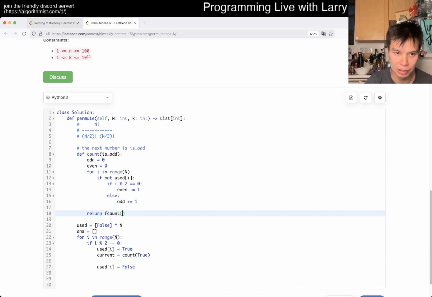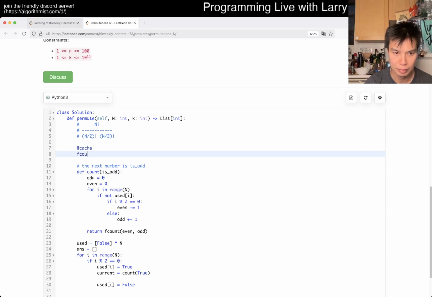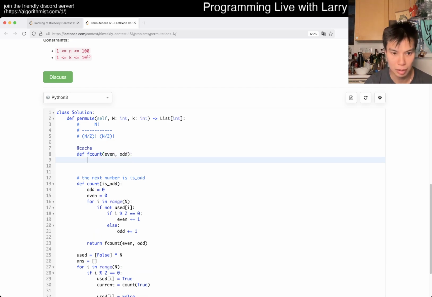It's also fine because n is 100. So f count for the function of even odd, right? Even odd. So then we have to do is odd. So then the next number is odd, right?